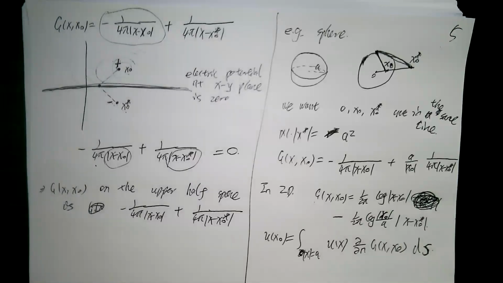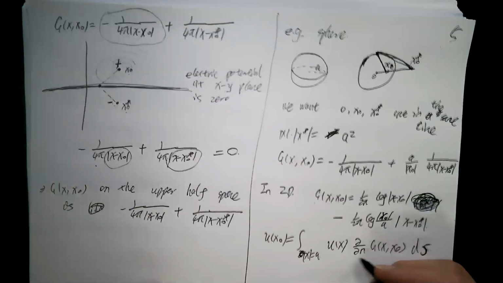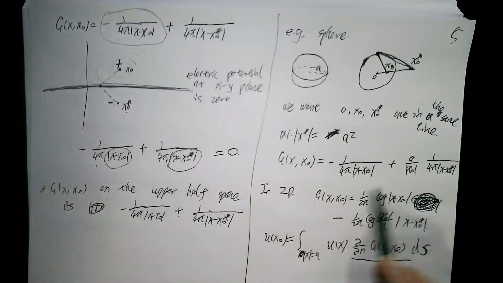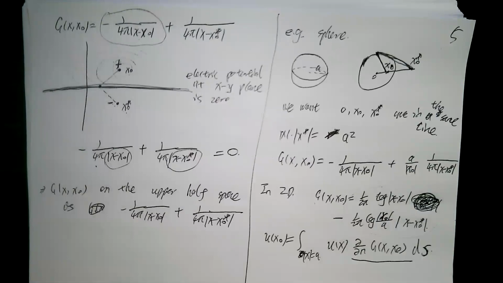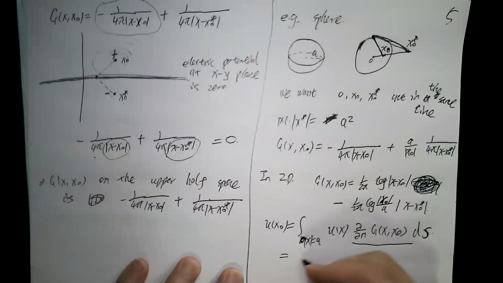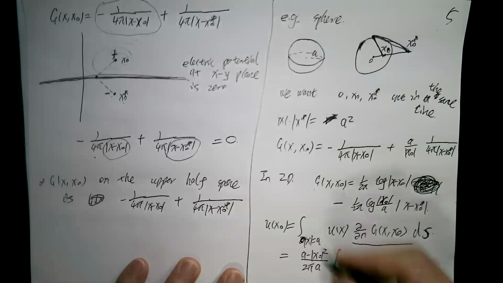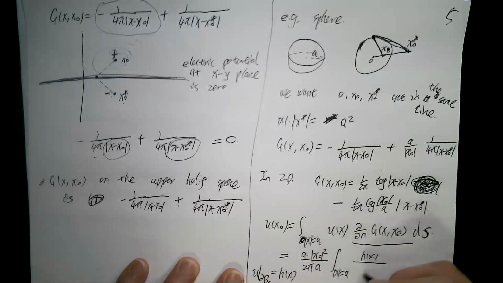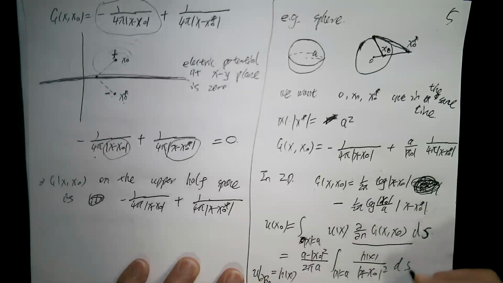So what does it look like? It will be the derivative of this logarithmic function. After you do the simplification, it eventually equals (a squared minus |x0| squared) divided by 2 pi a, times the integral over |x| equals a of h(x) divided by |x minus x0| squared dS, where u on the boundary of this ball is equal to h(x).